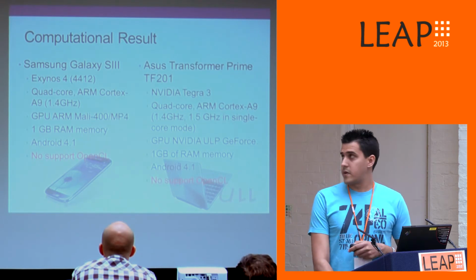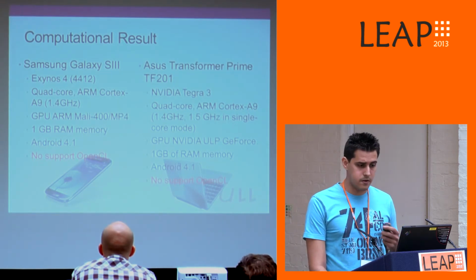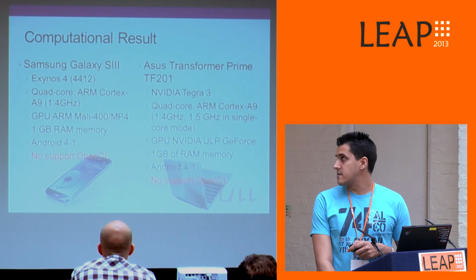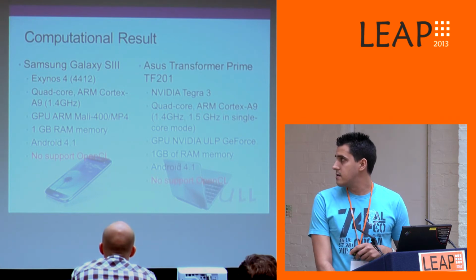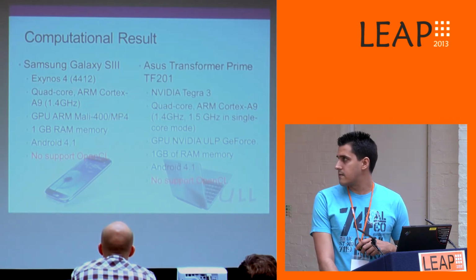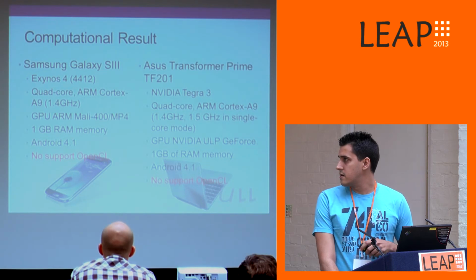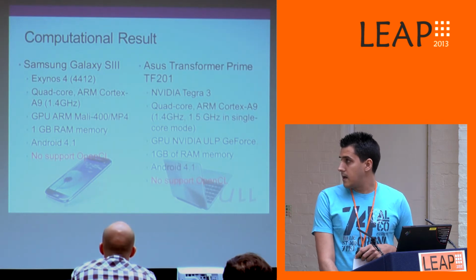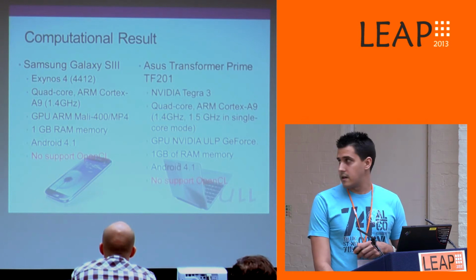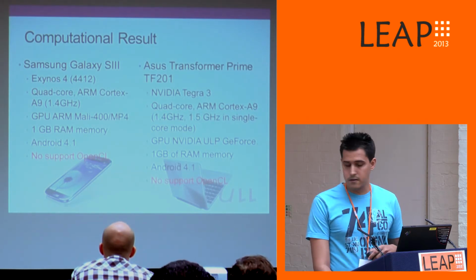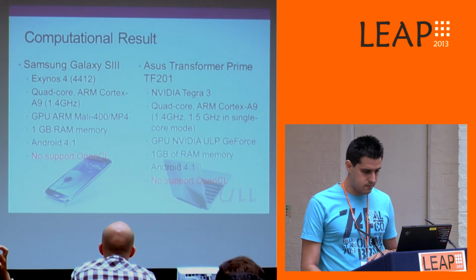To prove the performance of Paralldroid, we use two devices, a Samsung Galaxy S3 and an Asus Transformer Prime. This device has a quad-core processor, 1 GB of RAM, Android 4.1, and this device doesn't support OpenCL for GPU execution.